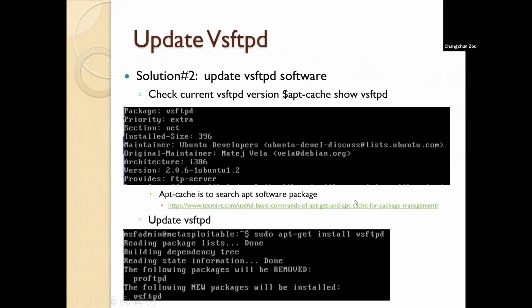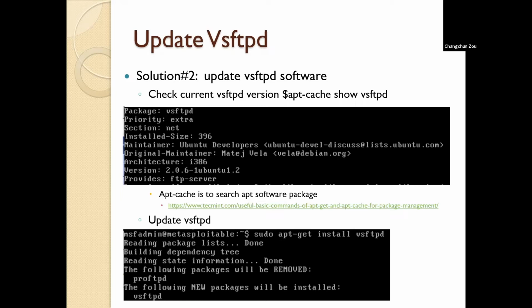Another way is that you can update the vsftpd software. This can be done for normal Linux, but for Metasploit, if you use apt-get update, it has an issue, because there's no app store for the Metasploitable Linux VM.